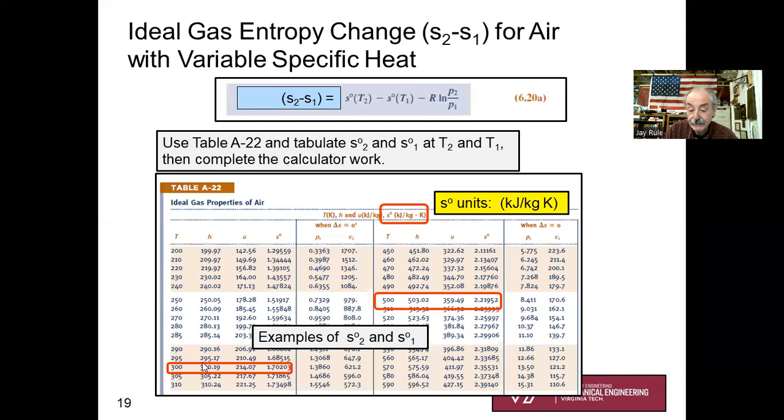So for example, if my temperatures were 300 and 500 degrees K, I simply look up and write down values for S0, and I look at my units, kilojoules per kilogram degree K. That's the way you get S0 values for air. I'm going to repeat myself again. Remember, to get S2 minus S1 for air, it's S02 minus S01 minus R natural log P2 over P1.